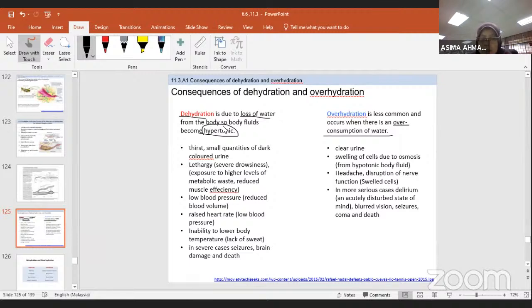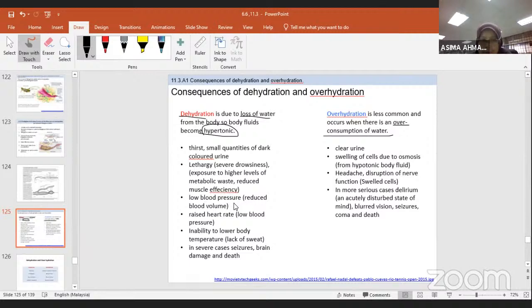Because the importance of water is that it flushes away toxic or metabolic waste from our body. So kalau sikit maksudnya we will be exposed to higher levels of metabolic waste, and this reduces muscle efficiency as well.